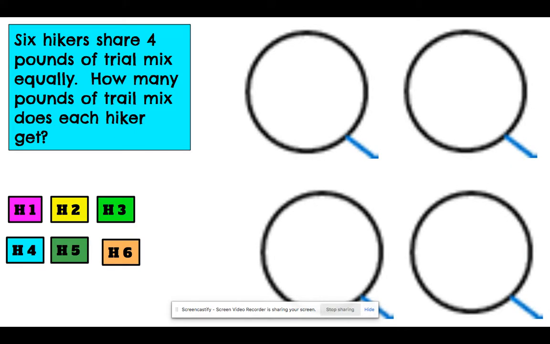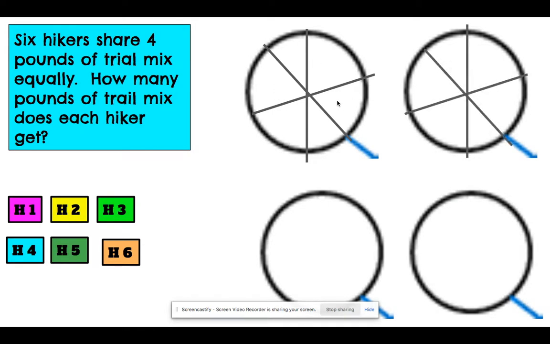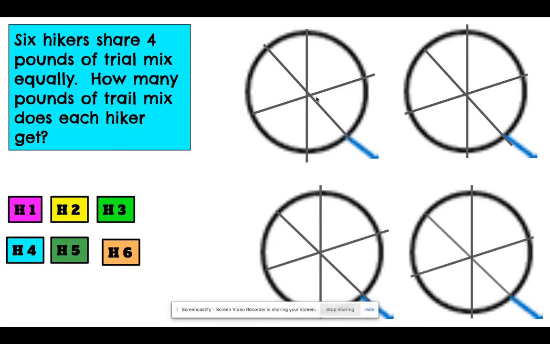Well, the first and logical way to share this, making sure that you're sharing it equally, is to cut each pound into 6 equal shares. Because we have 6 hikers, we're going to take each pound and give each hiker a slice of the circle. So I'm cutting my pound of trail mix into 6 slices.